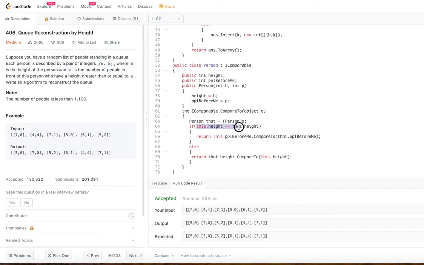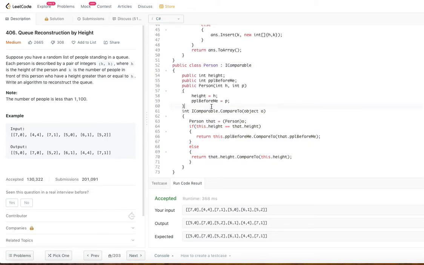If the heights are the same, they will be sorted according to the number of people before them. If the heights are not the same, they will be sorted according to their height. So that's what we discussed: first we sort by height, and if the heights are the same, we use the number of people before me, that is k. So this is what we are using exactly, and I am implementing the IComparable interface on the Person class.